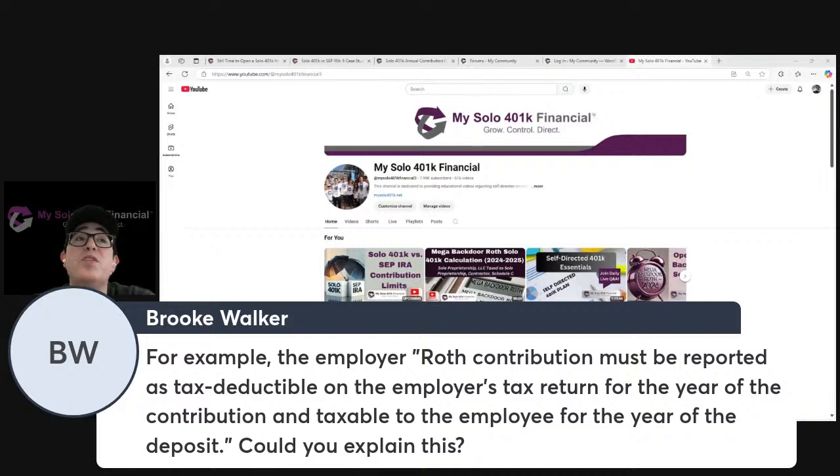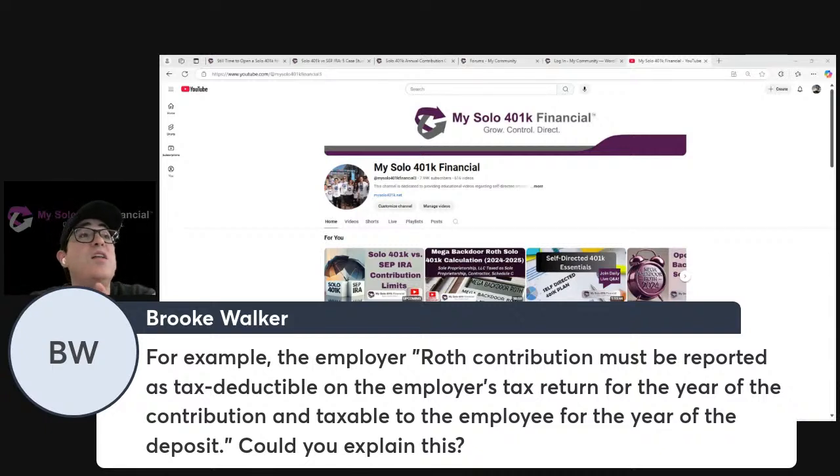Now, when this was enacted, there were a lot of questions about how to report those employer contributions made as Roth contributions. Because again, historically, they were always made as pre-tax, tax deductible contributions. So if they're now going to be Roth, they need to be made on an after-tax basis. So how is that going to work?